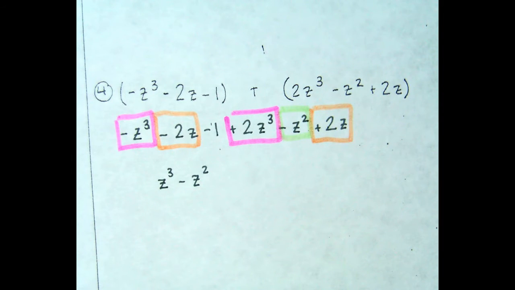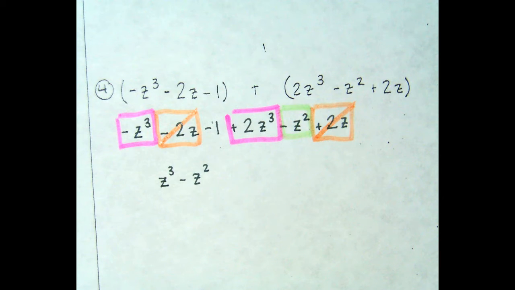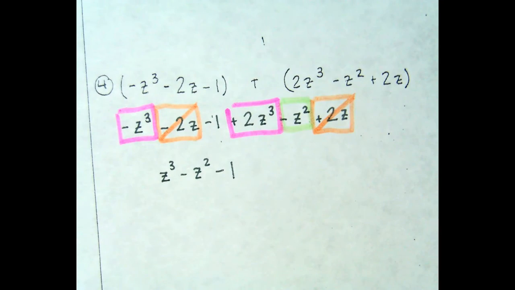They cancel out. Why? Yeah, it's not technically canceling out. It's negative 2 plus 2 makes it 0, and 0 times anything is 0. Yeah, so we don't even need to put the z. We just then need to bring down a minus 1. Okay, all we're doing today is adding.